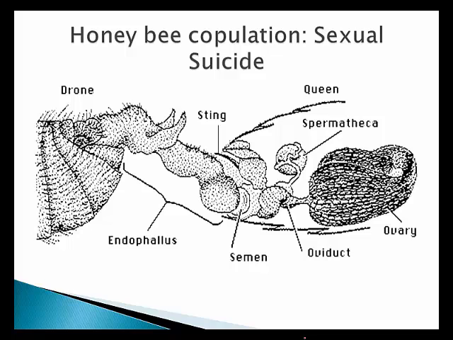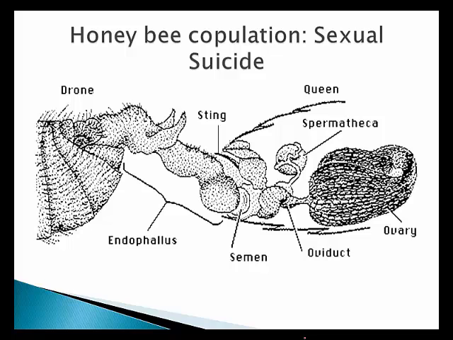And at mating time, the queen, which is normally sedentary and hive bound, is not going to leave the hive unless she's ready to mate. And if she is, she will leave the hive on what is called a mating flight in search of drones with which to mate. The drones will compete for the chance to mate with the queen, and eventually one will be successful in mating with the queen, which requires a fair amount of skill since the mating activity takes place in flight.